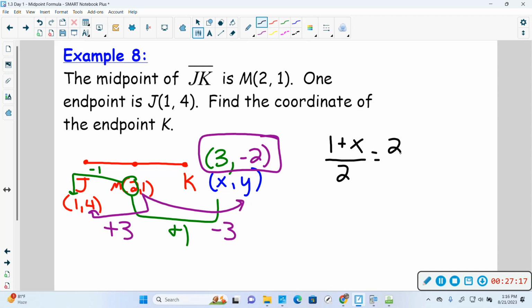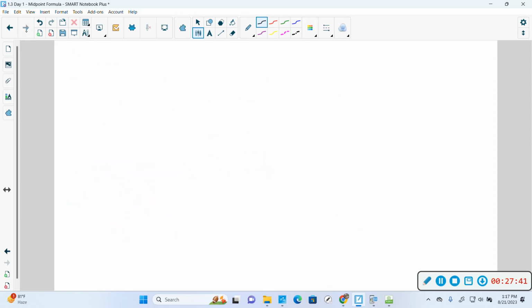If you want to do an equation for y, I'm going to do the y coordinate plus the y on the other side over 2, and I know it's supposed to equal out to a 1. If you go through and solve that, you'll get negative 2. I don't care how you do it, how you get the 3, negative 2. I personally just count and go the opposite direction. If you like an equation, I just wanted to show you the equations too. However you want to do it.